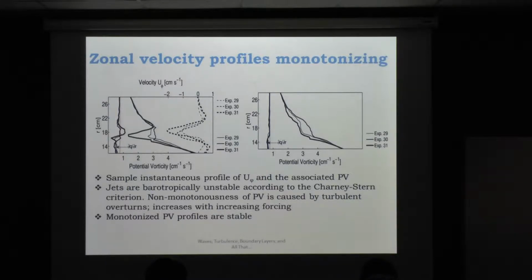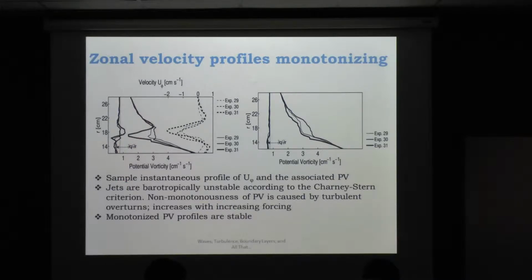You are going to miss mixing. You are going to miss a lot of physics. And by the way, it holds true for atmospheric jets, for ACC, for planetary jets. This is a very important point, that we shouldn't be working with fully monotonized or homogenized vorticity.